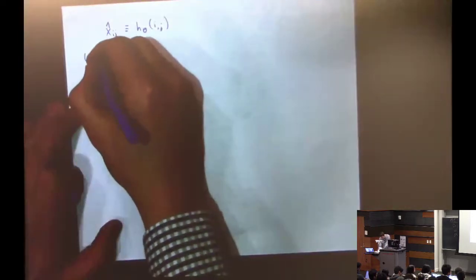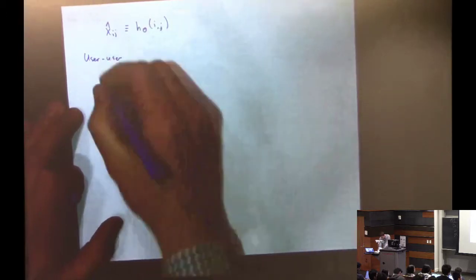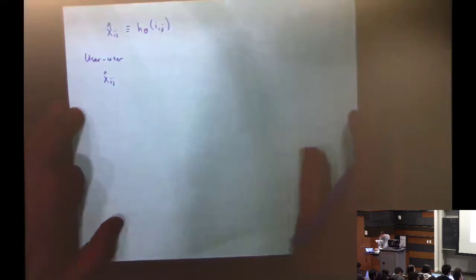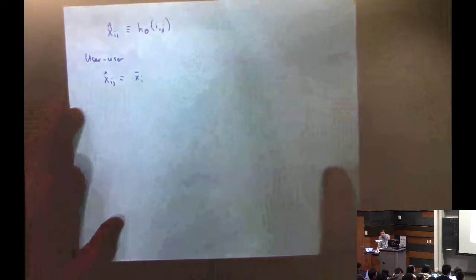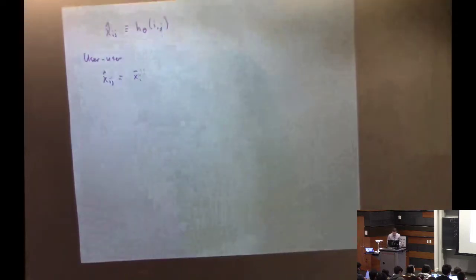So in item to item, in user to user, we make predictions in the following way. My prediction on my ijth element is going to be first equal to the mean prediction for the ith user, so this would be my kind of average prediction. We include that because it turns out that different users have different baseline ratings they give everything.